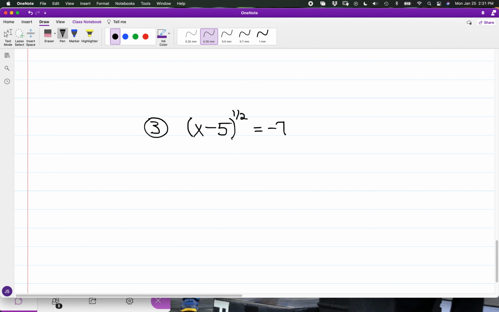Again, if I go from exponent to radical, we have the square root of x minus 5 is equal to -7. Now I'm dealing with an even root radical, and with the principal square root rule, the even root of an expression cannot reduce to a negative constant. Because we have a -7, there's going to be no solution.